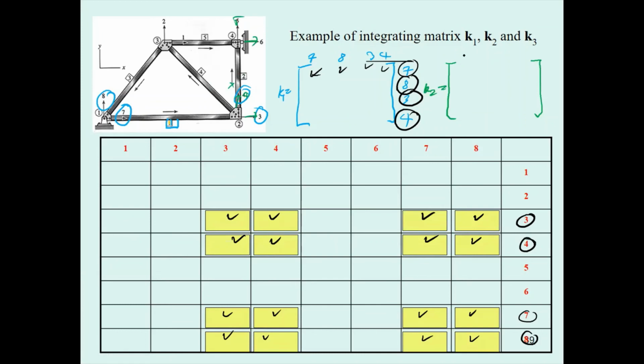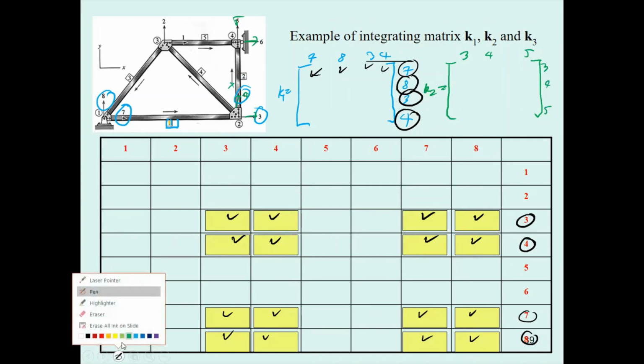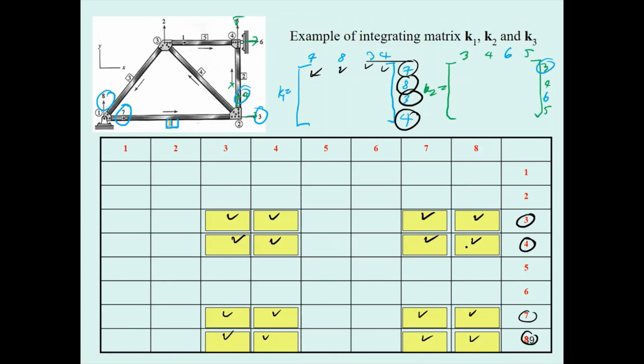It's going to be 3, 4, 3, 4, and then you have it for 6, 5. You come to number 3. Number 3, you have what? 3, 4, 6, 5.